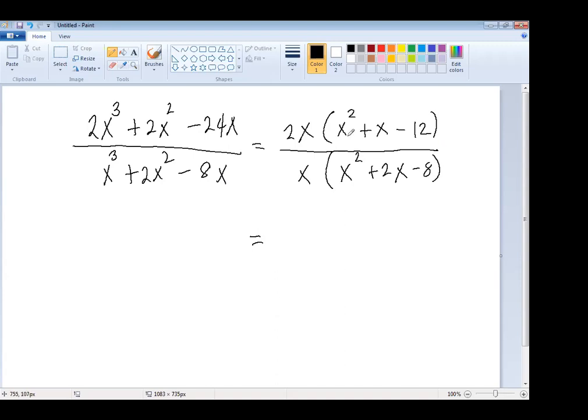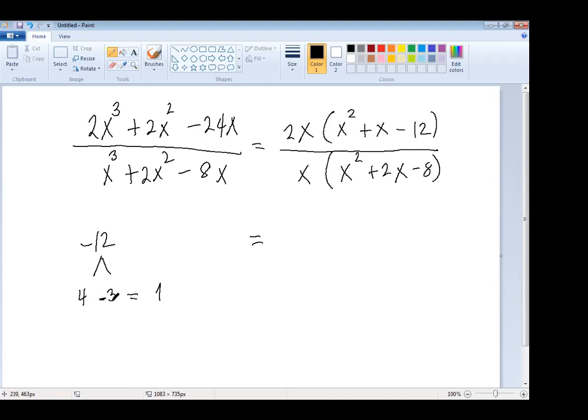Now, what are the factors of x squared plus x minus 12? The factors of 12 are 4 and 3. We make sure that the product is negative 12, so that we can get a value of positive 1, we change one to negative.